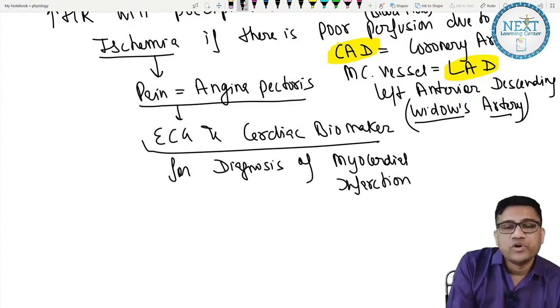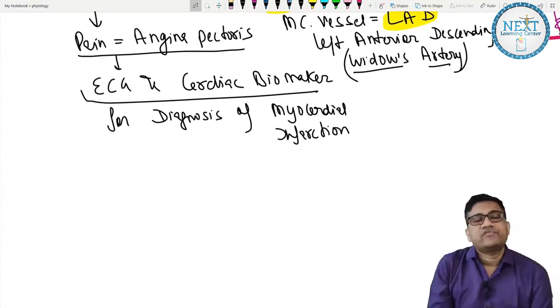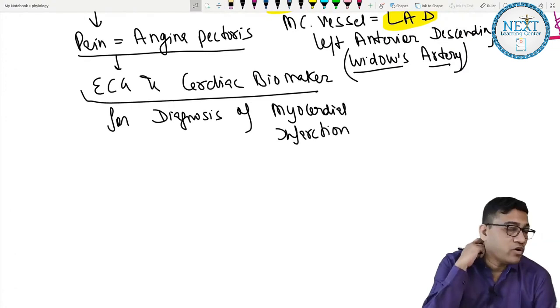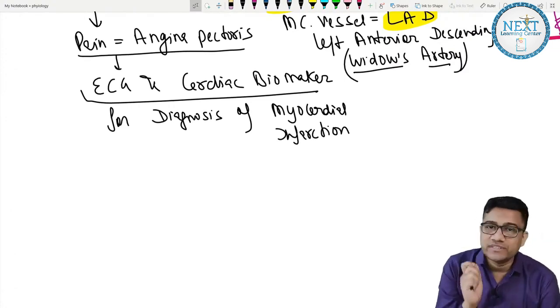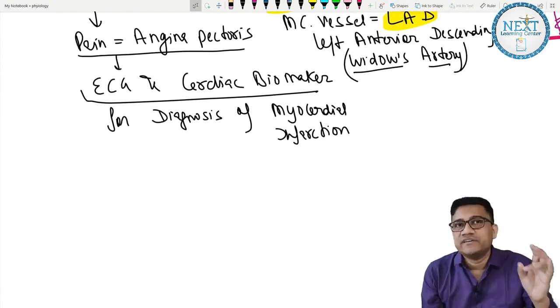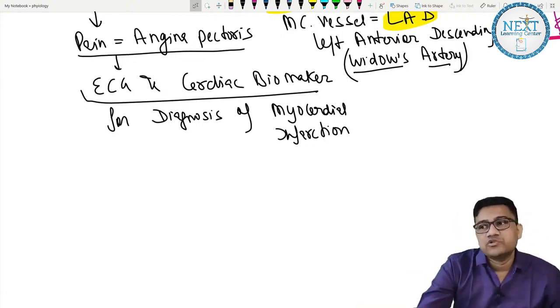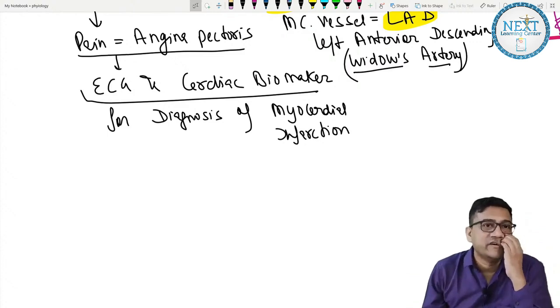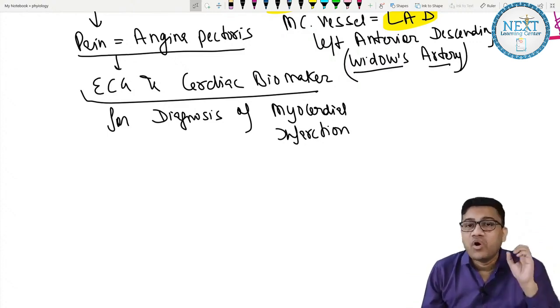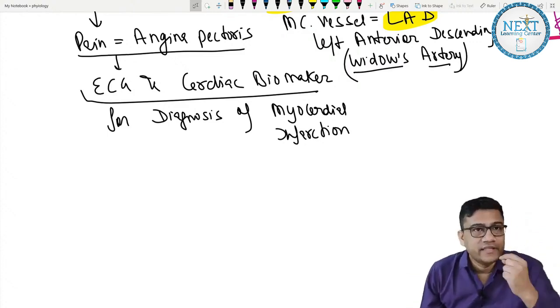I've taught them very well in the topic of ECG and MI. You can see the ECG changes. The first is tall T wave, then ST elevation, also pathological Q wave, T wave inversion, and they revert back to normal. All were discussed very well in that topic.